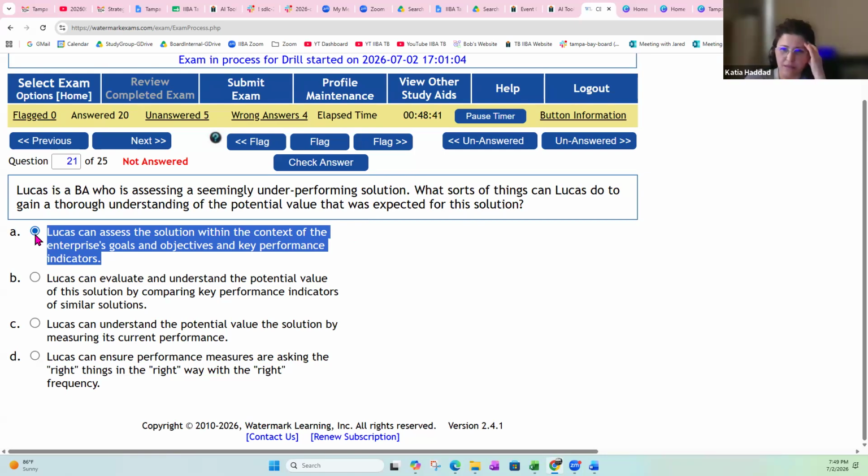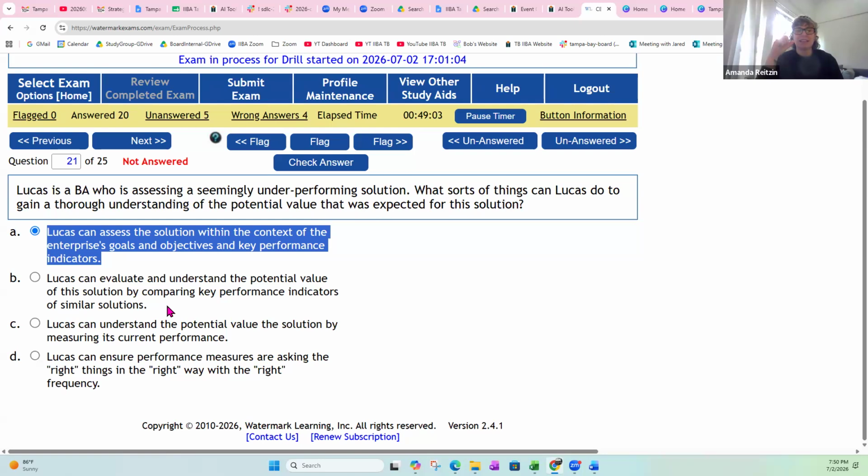I would go with A. Comparing key performance indicators of similar solutions, no. Understanding the potential value that was expected, that sounds to me like A. You need the goals and the objectives for the potential value to assess it.